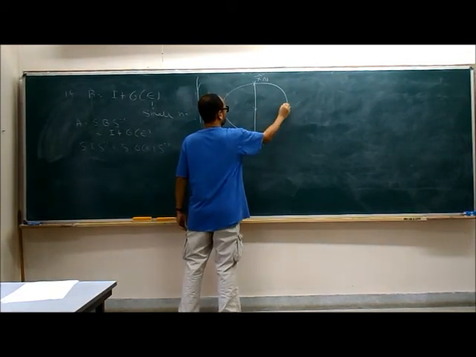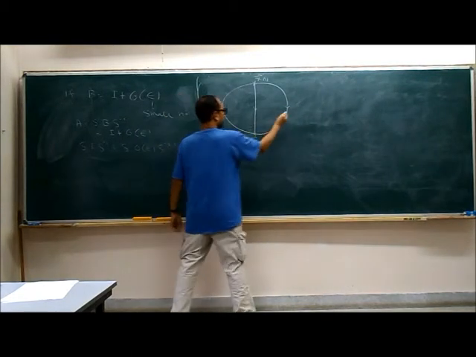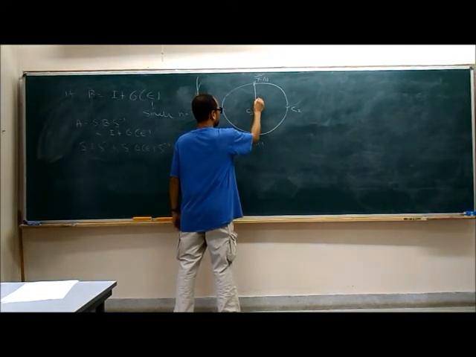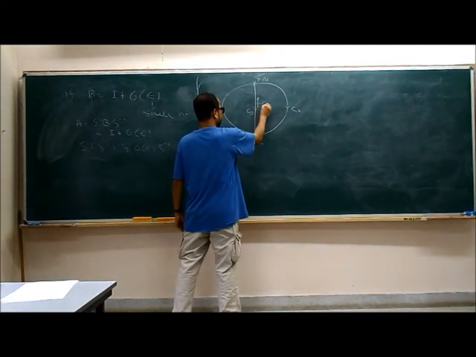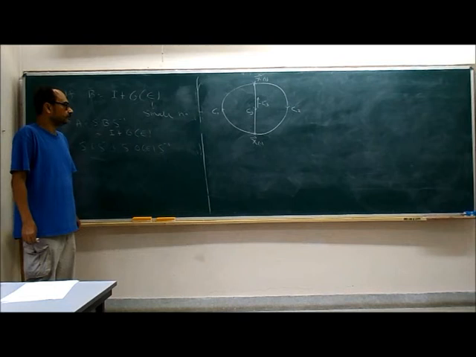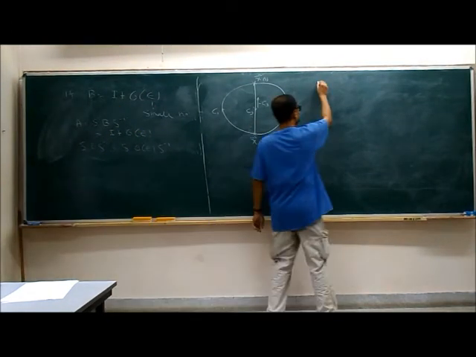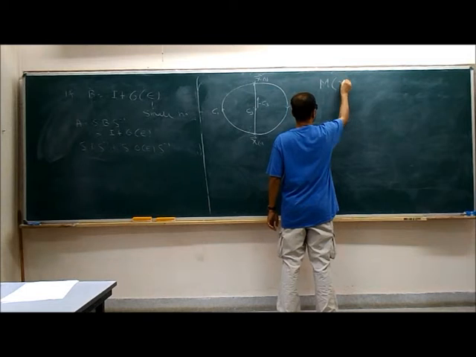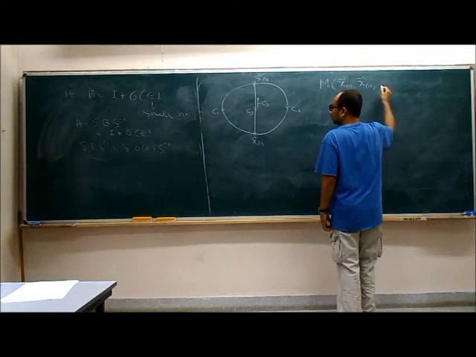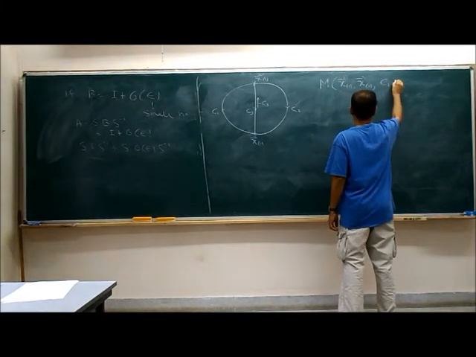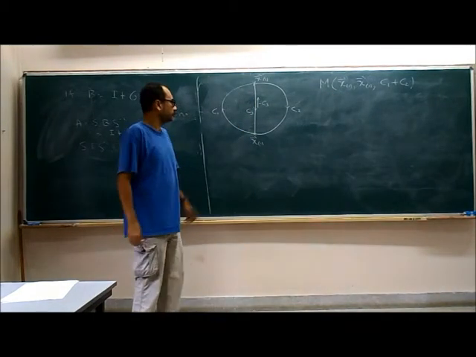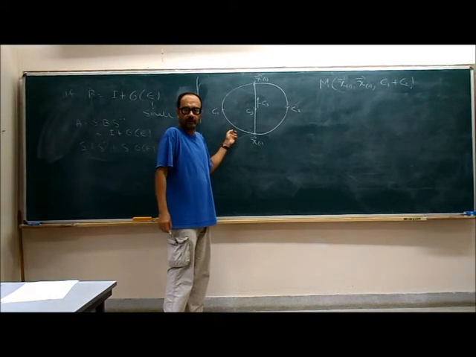Suppose we call this C1, C2, C3, and then this, if we travel in this direction, that will be minus C3. So let's start by looking at M x1, x1, C1 plus C2. That's the big loop which you want to calculate.